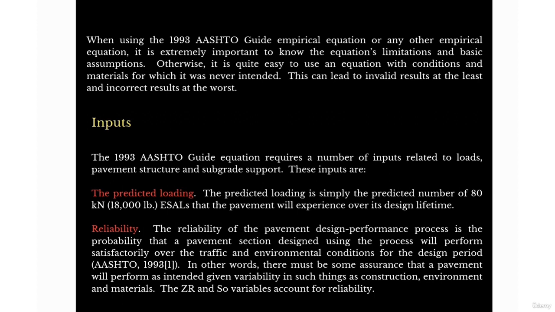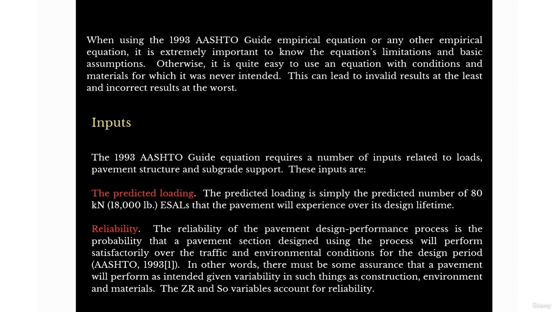Reliability. The reliability of the pavement design performance process is the probability that the pavement section designed using the process will perform satisfactorily over the traffic and environmental conditions for the design period. In other words, there must be some assurance that the pavement will perform as intended, given the variability in things such as construction and environment.